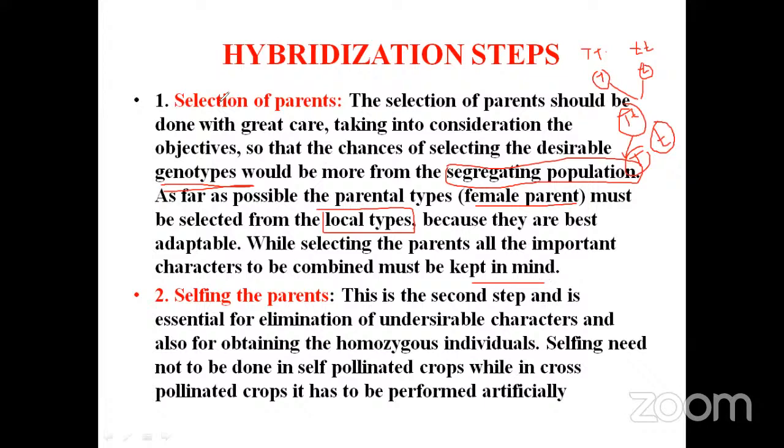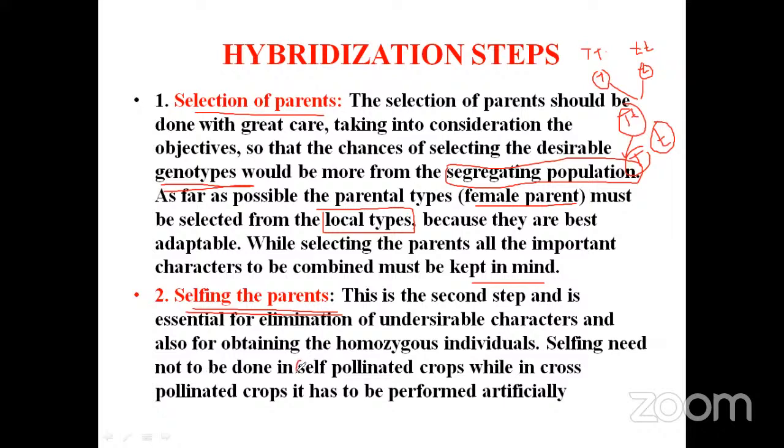Right. So after selecting the parents, now the selfing of the parents. Selfing means self-pollination and fertilization. Naturally, self-pollination takes place and commonly occurs in some plants. But selfing need not be done in self-pollinated crops.